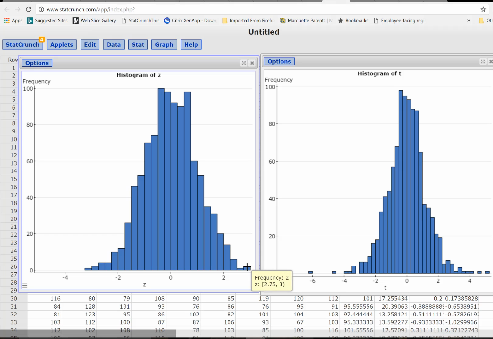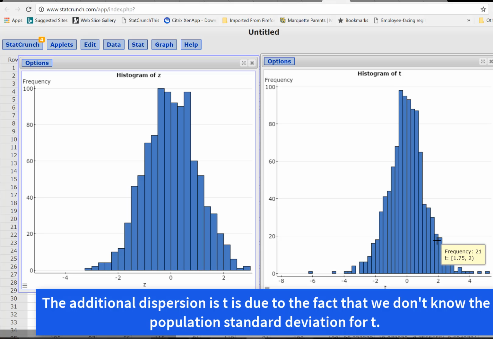The biggest value we saw was less than 3, whereas you have values even bigger than 4 over with T, right? And so T has more variability in it. It's more dispersed than Z is.